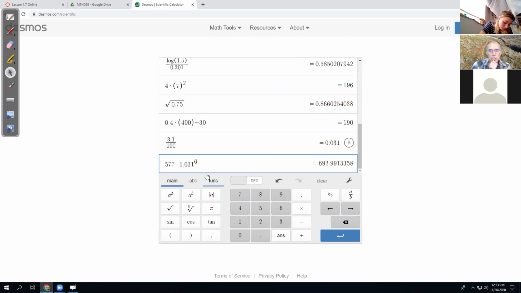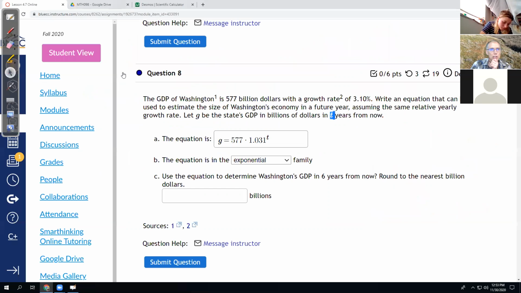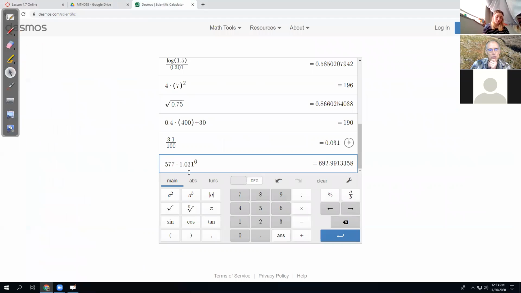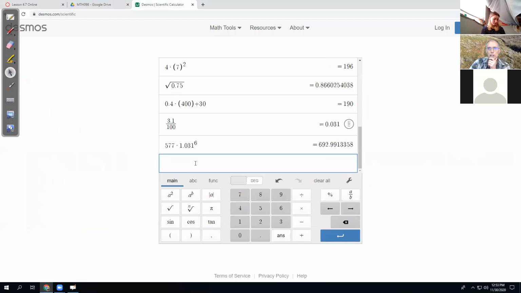And just double check that I have the right numbers there. 577, 3.1% growth rate for 6 years. Yep, that looks right to me.